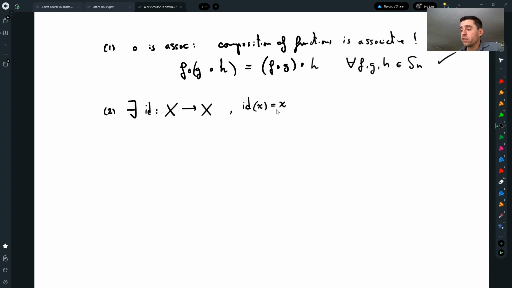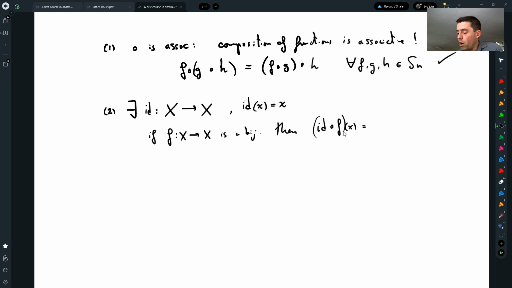And this works as an identity permutation of X because now if f is a bijection, then what is identity composed with f? Well, for any x, it will be the identity of f of x.